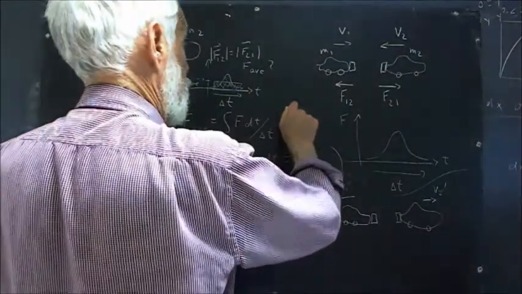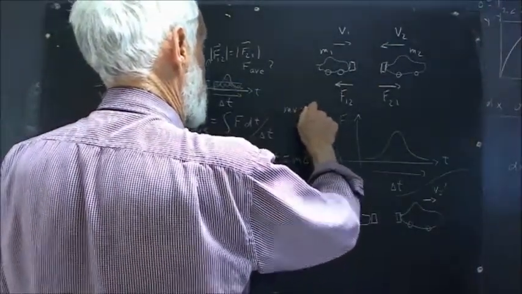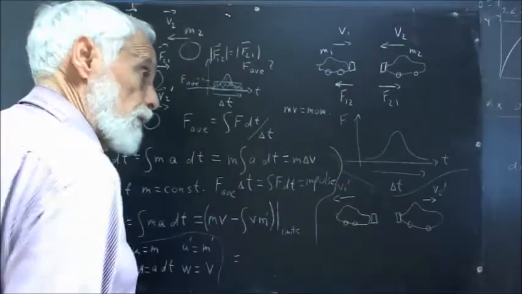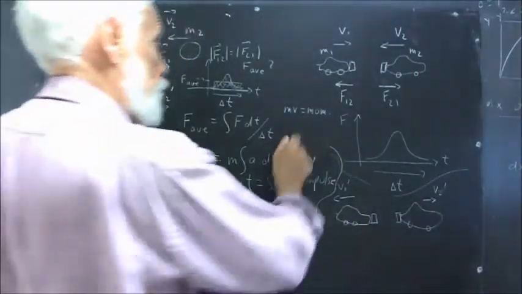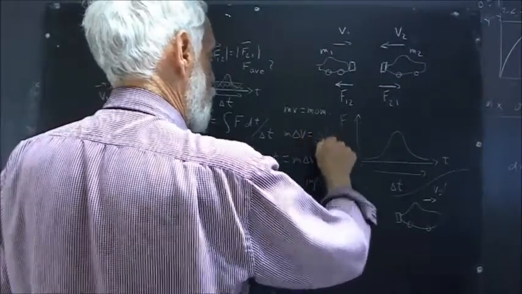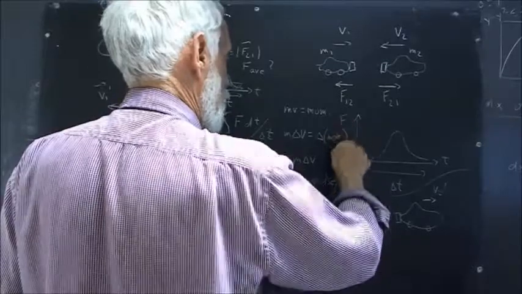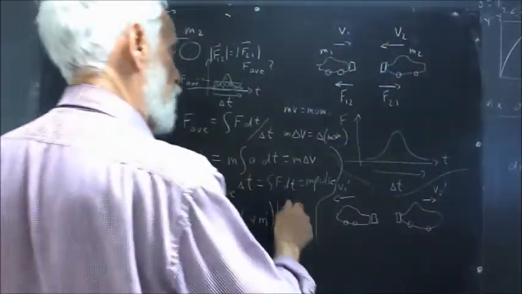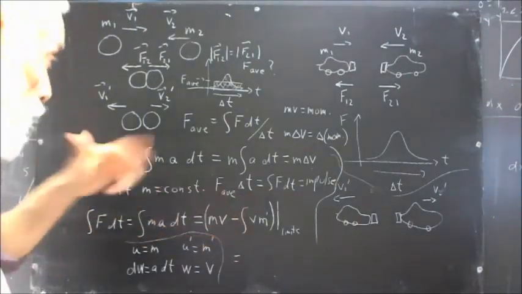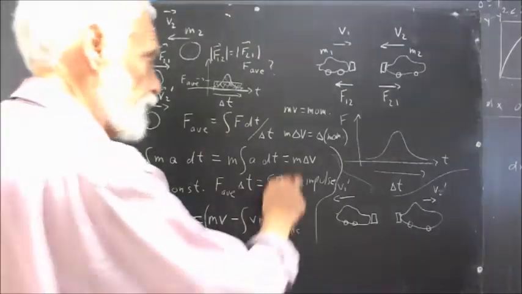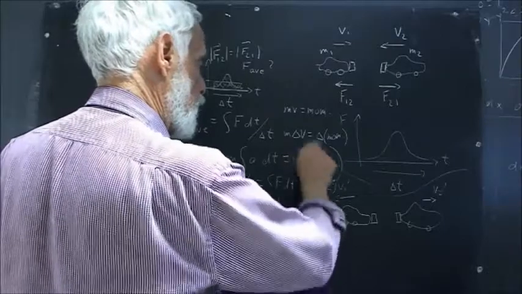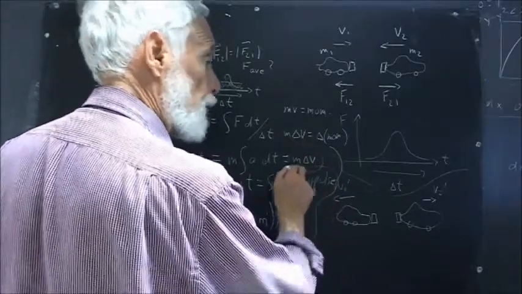So I'll make a little note here: mv equals momentum. So m delta v is the change in the momentum. So we have here that the impulse, integral of F dt, also equal to F average times the delta t, duration of the force, is equal to m delta v, which is the change in momentum. So we have these two quantities equal. That's our impulse momentum theorem.